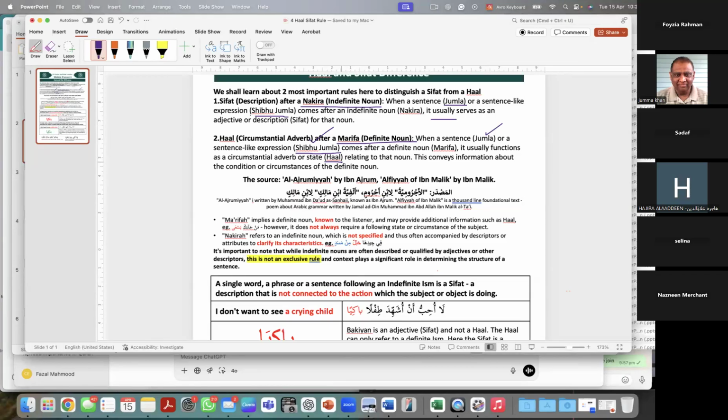Nakira, sifat. And when it's marifa, after that a jumla or shibu jumla, that will be considered as hal. So that is the rule. But it says usually, it means there may be exception to that. This rule is highlighted in Arjumia book, alhamdulillah. Some of you are familiar with that. So it's a very interesting rule.